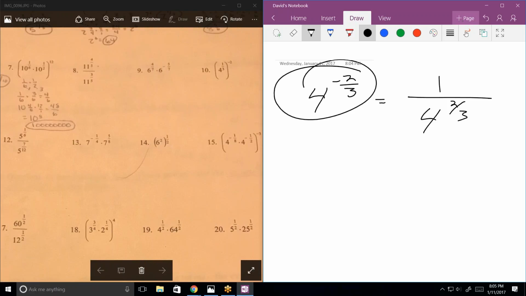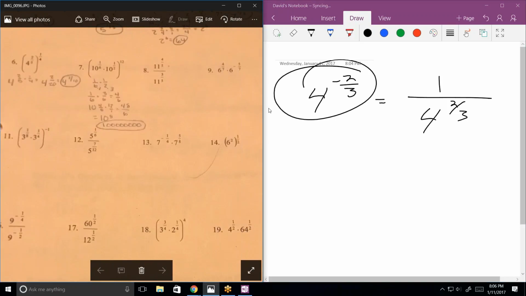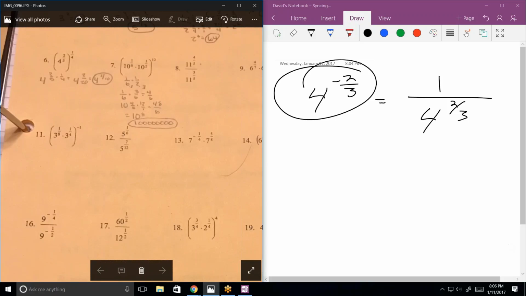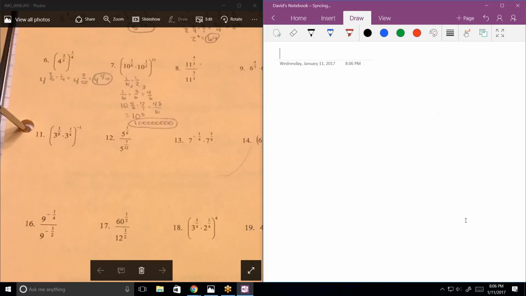It's just that almost every math teacher will put instructions at the top saying, give all answers with positive exponents. It's kind of conventional. It's a little like not having irrational denominators. Doesn't change the number any, it just changes the presentation.